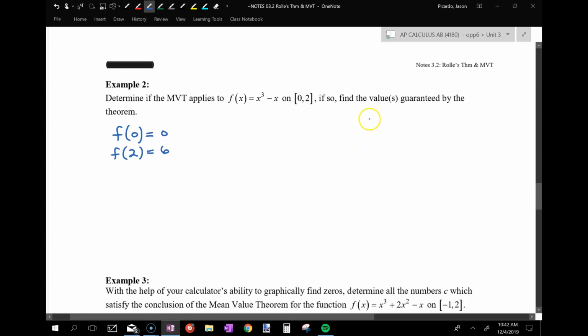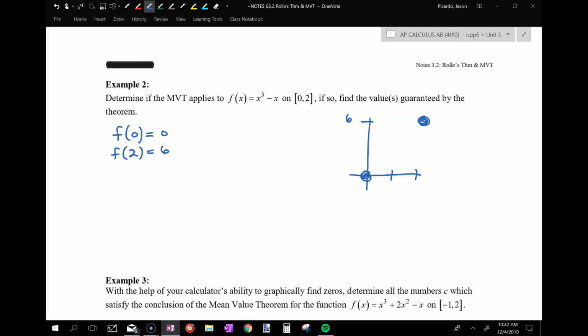So if I did a really, really quick sketch, I have those two things that are happening, right? Those are the endpoints. Do I really know about the behavior between those points? I mean, could I graph it and all that? Sure. But do I really know what it looks like right now? I could figure it out, but we don't, right?